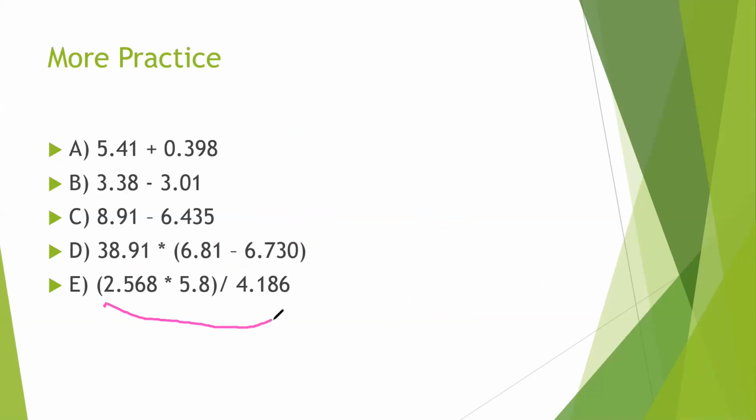So we can put this all in our calculator, but we have to remember when we're multiplying or dividing, we take the least number of significant digits as any of these. So how many significant digits does this first number have? 2.568. Yep, it has 4. How about the second one? 2, yes. And the third one? 4. So how many significant digits do we report at the end?